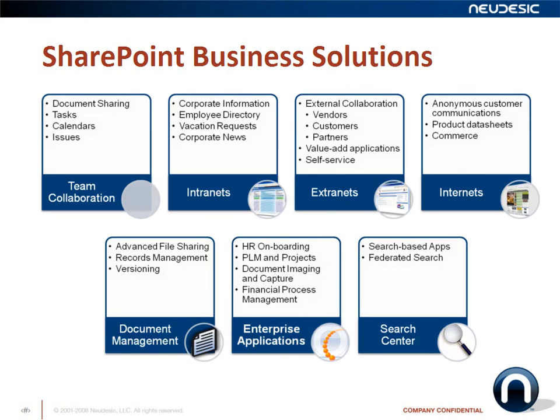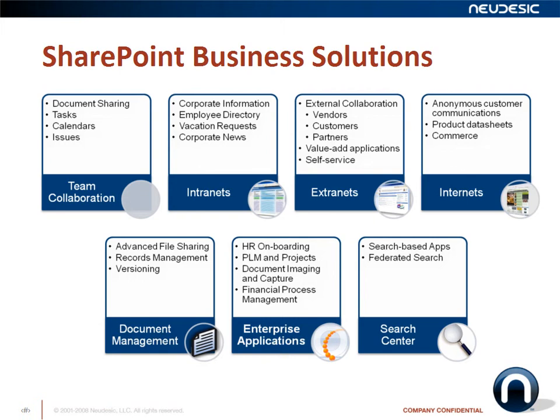So first and foremost, we like to just introduce the types of solutions that our customers are leveraging SharePoint for. Obviously, things like team collaboration, that's kind of the default what does SharePoint do type answer. Also, intranets is obviously very, very popular. The displaying of corporate information, doing employee directories, kind of the kicking off of processes that are employee-specific.